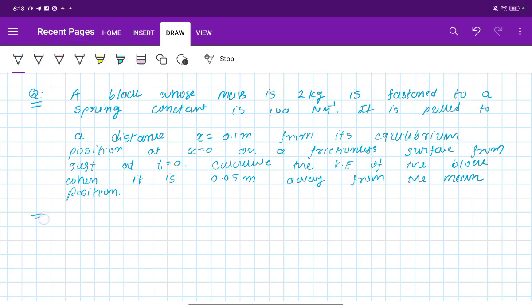This is the question. A block whose mass is 2 kg is fastened to a spring whose spring constant is 100 Newton per meter. It is pulled to a distance of 0.1 meter from its equilibrium position at x = 0 on a frictionless surface from rest at t = 0. Calculate the kinetic energy of the block when it is 0.05 meter away from the mean position.